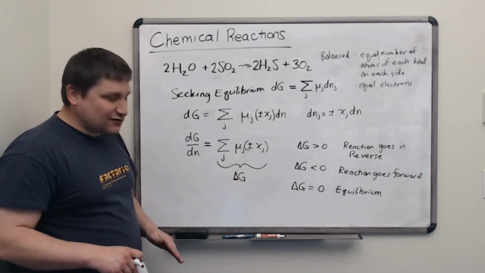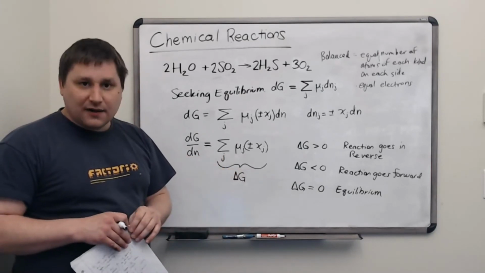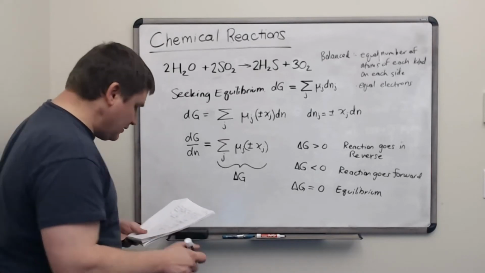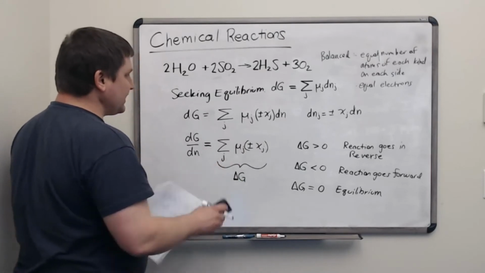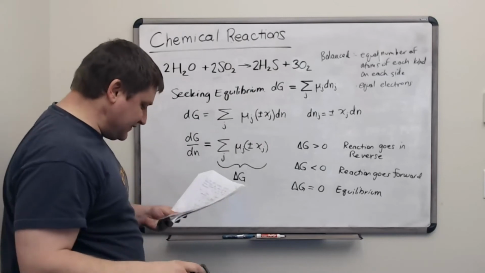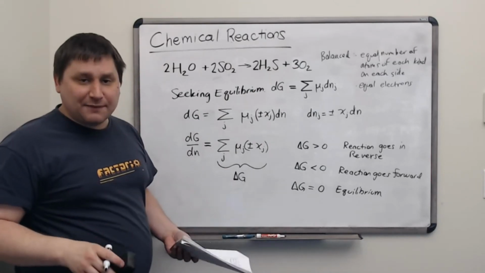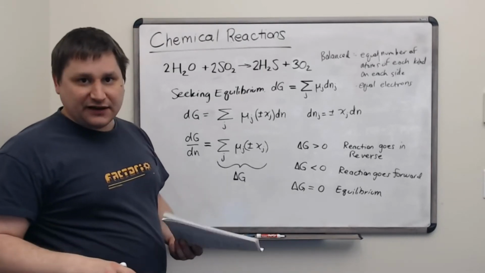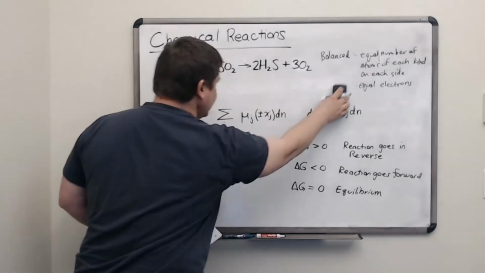It just tells us which way the reaction has to go to get to global equilibrium. So if we want to form this quantity, we need to look at the chemical potentials that come from each type of substance. So we'll go through 4 different types of substances and show how their chemical potentials can be calculated or looked up in a table.